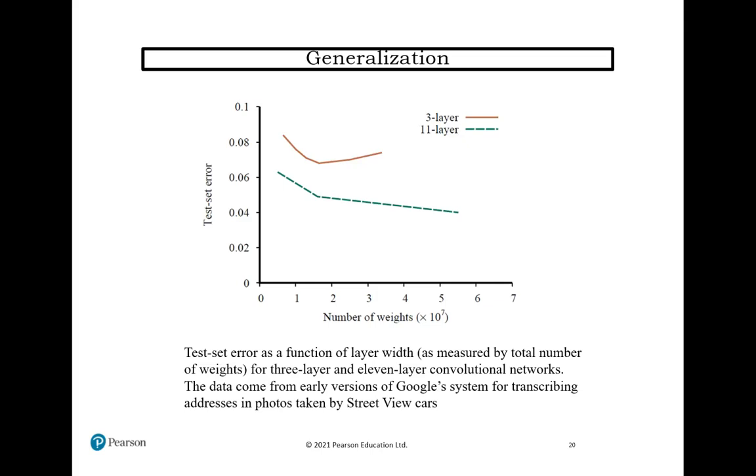Even if we were able to increase the number of neurons more, we would probably get an even lower out-of-sample error. This data comes from an early version of Google's system for transcribing addresses in photos taken by street view cars.